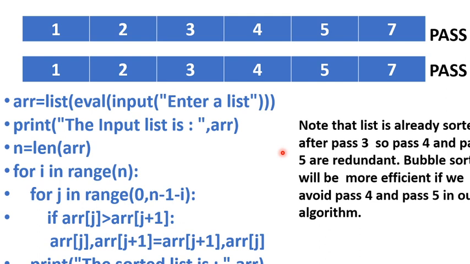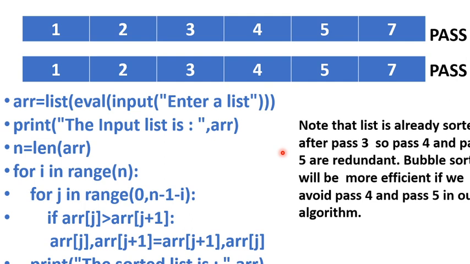Okay, now coming to the program, coming to the code. First of all, we have a list array. Okay, let us suppose our list is 2 7 4 1 5 3. The length of the list is 6.